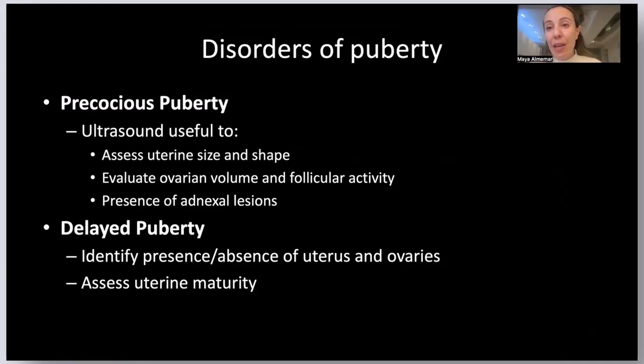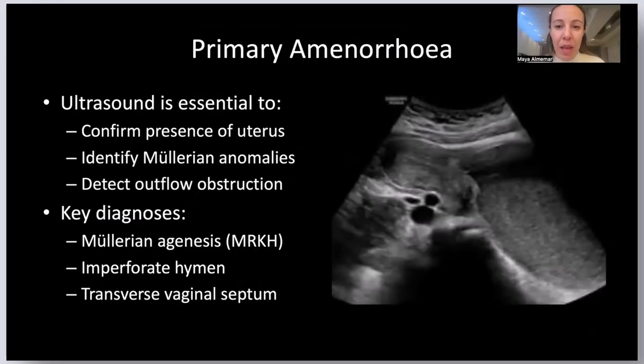It's also useful in delayed puberty, where you want to see, is there a uterus, are there ovaries, and what is their stage of development in terms of maturity, and we compare that to what we've talked about right at the beginning of the presentation of what we expect normative findings to be.